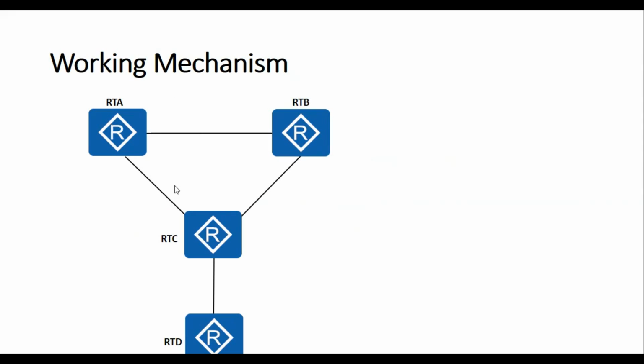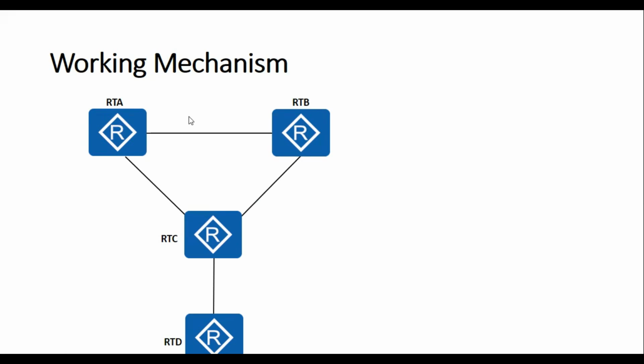Once OSPF is enabled, the routers establish neighbor relationships with each other. Router B will establish a relationship with router A, and router A will establish an OSPF neighbor relationship with router C. So the first step is neighbor discovery, where router A will discover router C and also router B as its neighbor.